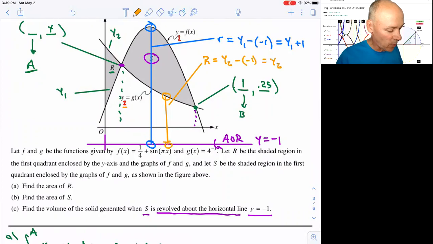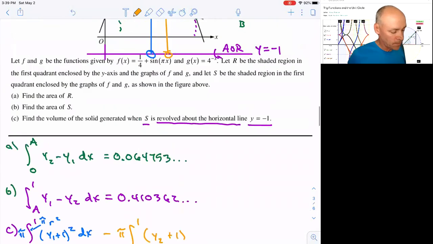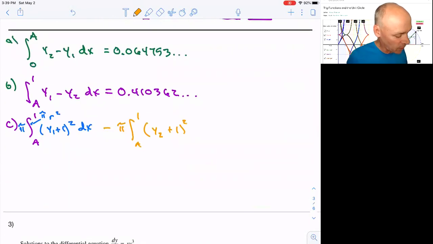Simplify that, that could be y2 plus 1. So that's going to be my second integral: a to 1, same bounds, and this time it's y2 plus 1, don't forget, quantity squared dx.